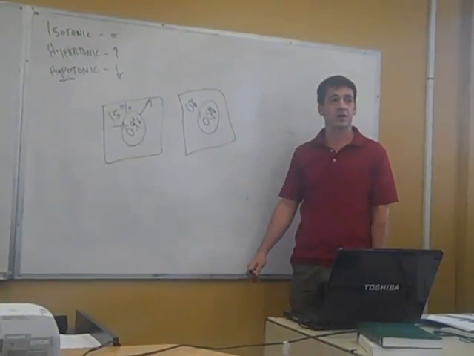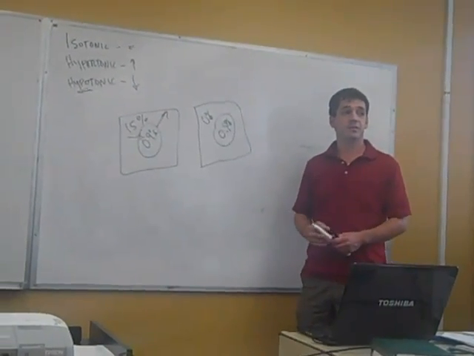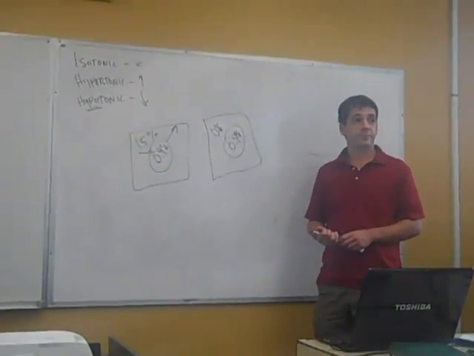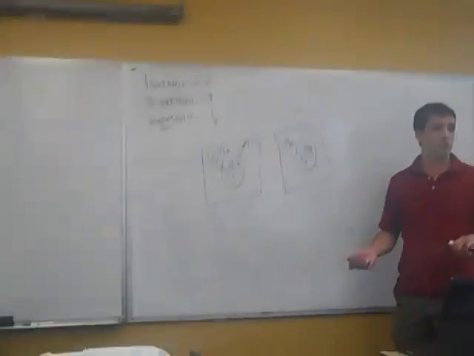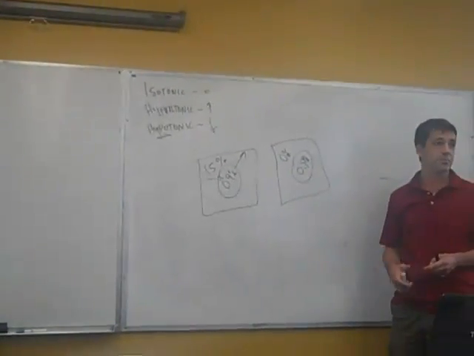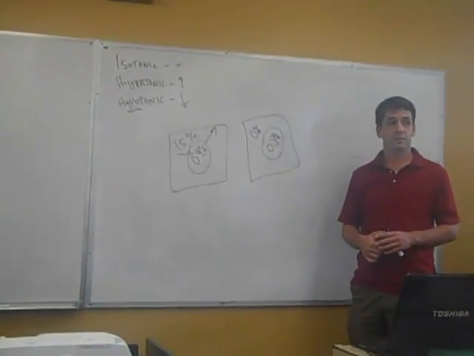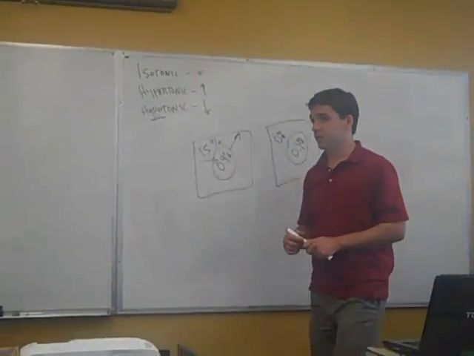Where's the salt going to go? In or out? Out. Where's the water going to go? In. What's the cell going to do? It's going to get bigger and it's probably going to blow up. It's like if you fill a balloon up with water, it gets bigger. It's the same type of thing. The water's going to go in there by what process? Osmosis.